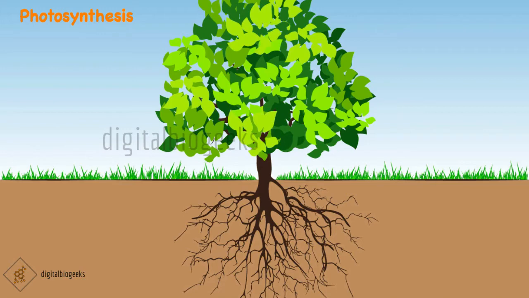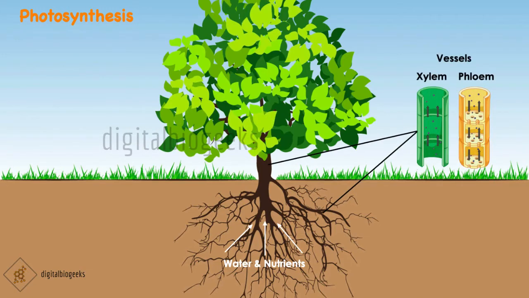For the preparation to be carried out, the raw materials such as sunlight, carbon dioxide and water should reach the leaves. Roots absorb water and nutrients from the soil, but these should reach the leaves for the synthesis of food. For that, there are tiny pipe-like passages running throughout the leaves, roots and stem.